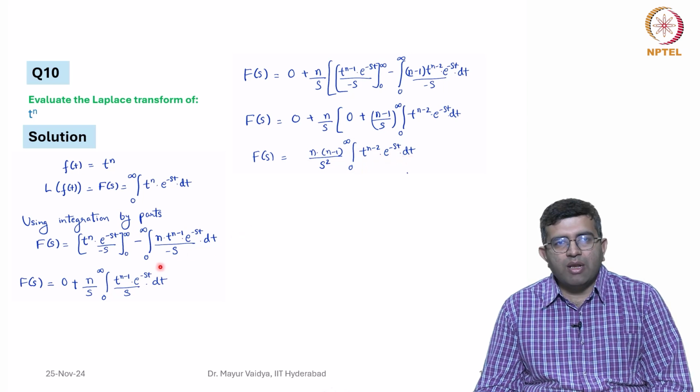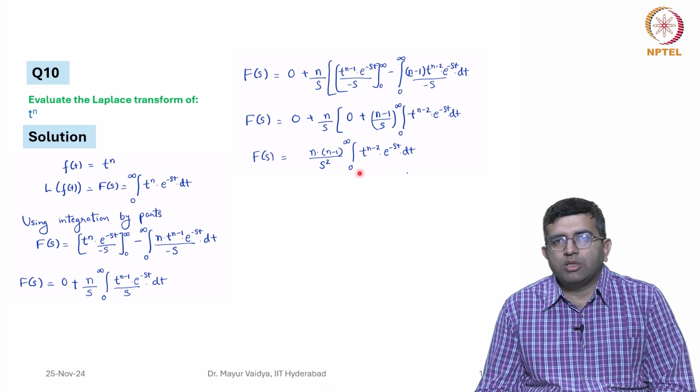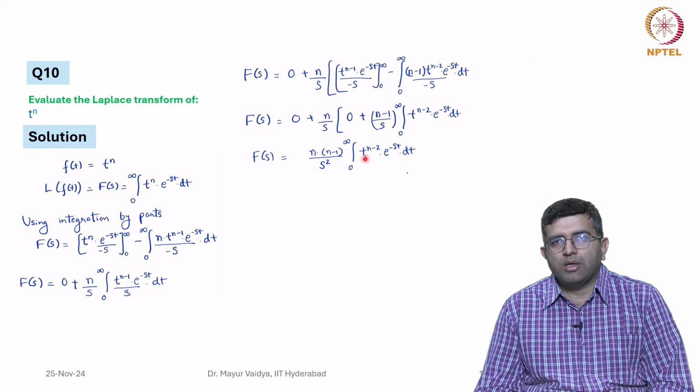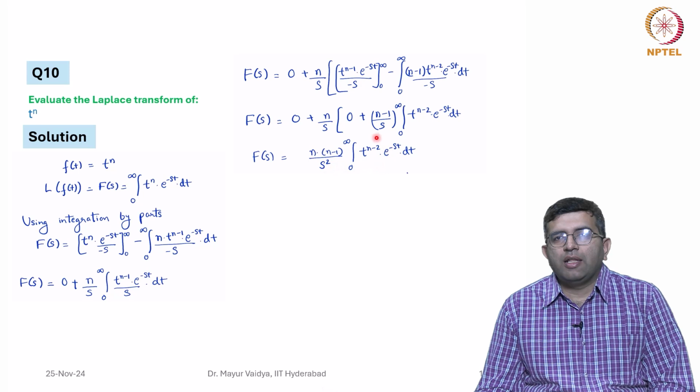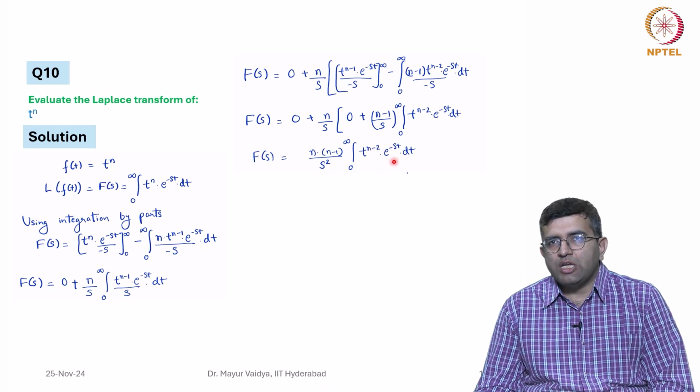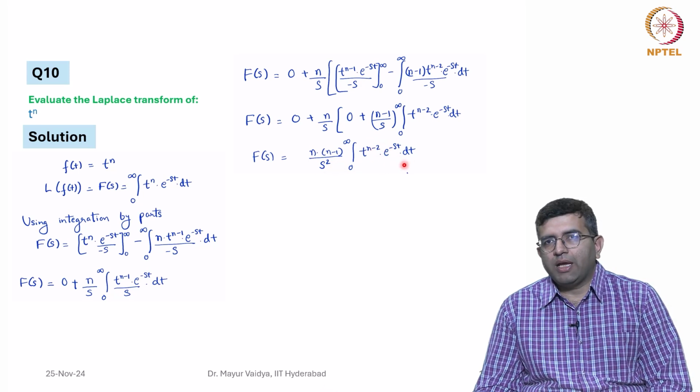So, you see the similarity here. After the first step, we have come to n by s times this integral. After the second step, we have come to n into n minus 1 by s squared. After you do it n times, you get such products, and you keep on adding to the powers of s until you have n minus n, which is 0, and then finally you will have only 1 by s coming out.